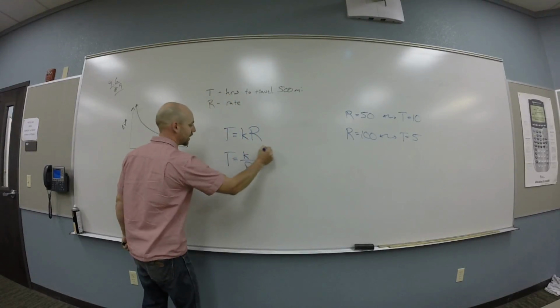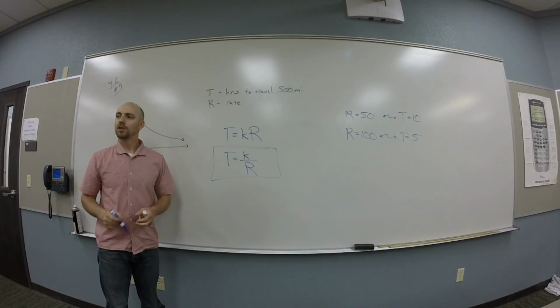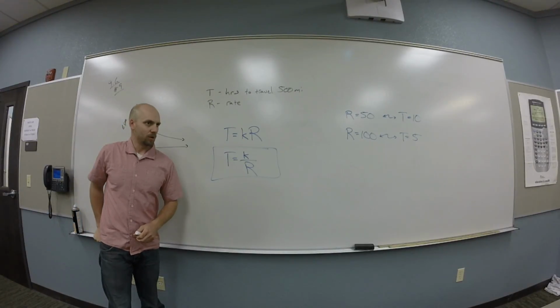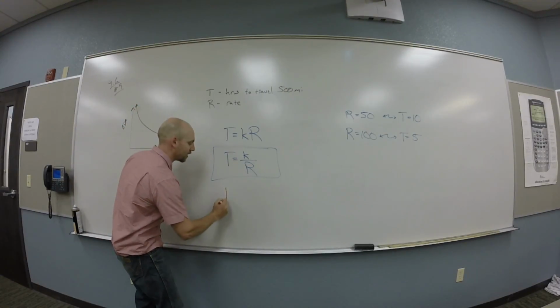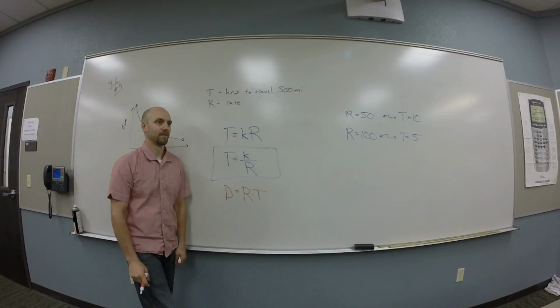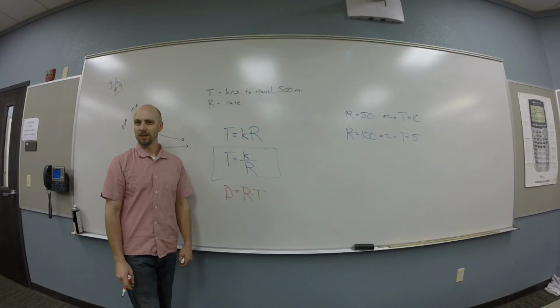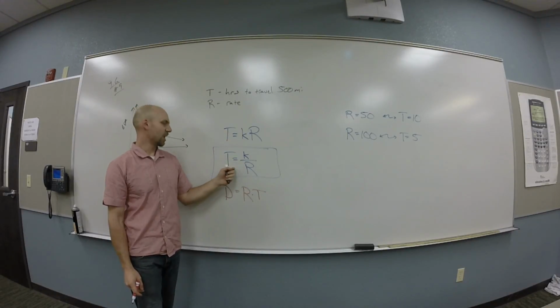So really I'm picking this, t is k over r, right? There's a thing that maybe you used in Algebra 1 for this, which is that you might want to remember that distance is rate times time. You guys see that? So if I fiddle this into one of these two forms, it's going to be this one.